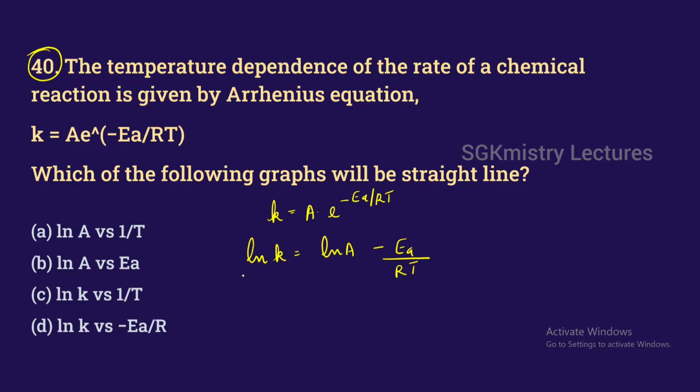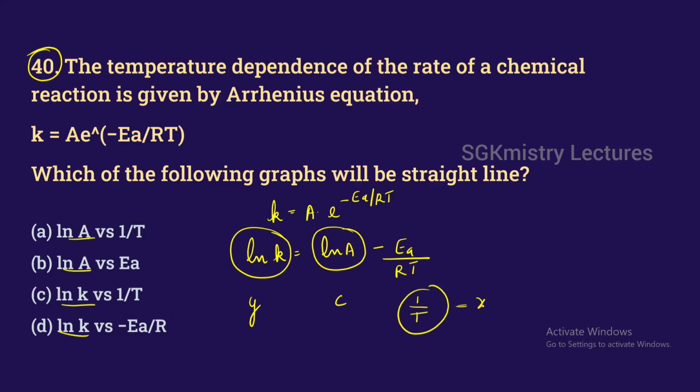Since in all the cases they have only mentioned ln, no need to convert it into log again. So ln K, if I take it as y-axis, ln A will be the intercept, that is C. Now, T is in the denominator, so 1 by T will be x-axis. And we have the slope as minus EA by R.